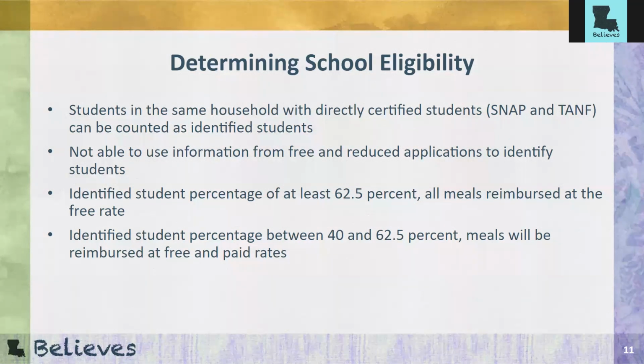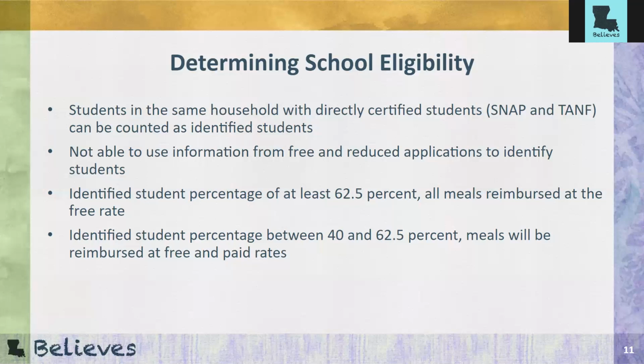rate. So oftentimes we hear that 62.5 is that magic number. So if you can get that identified student percentage to at least 62.5, then every meal served to children in your school system will be reimbursed at the free rate. Now you can participate in CEP with an identified percentage lower than 62.5, but it has to be at least 40%.